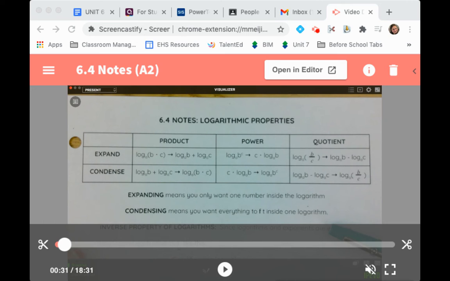Notice how I replaced it in parentheses. That's usually a good idea, especially because now I can kind of see these two get multiplied together. So this is really 2 to the power of 2x equals 2 to the power of x minus 3. And I have the same base on both sides.